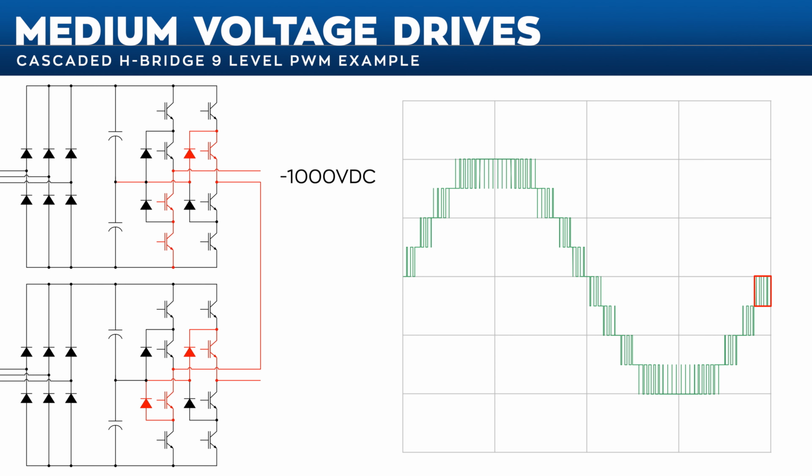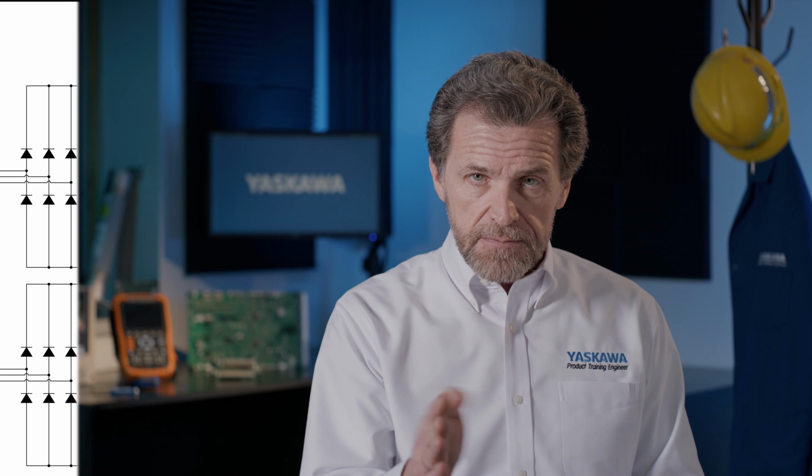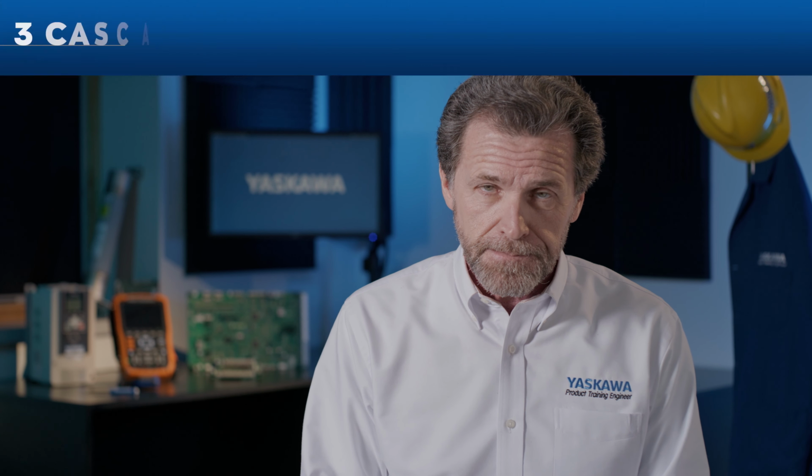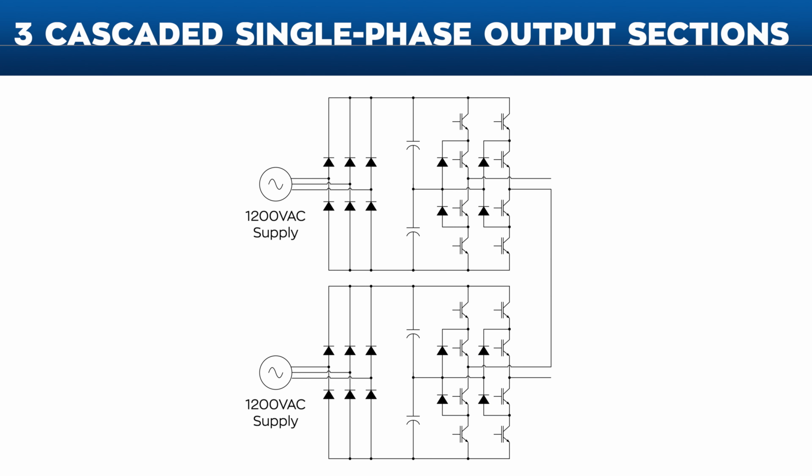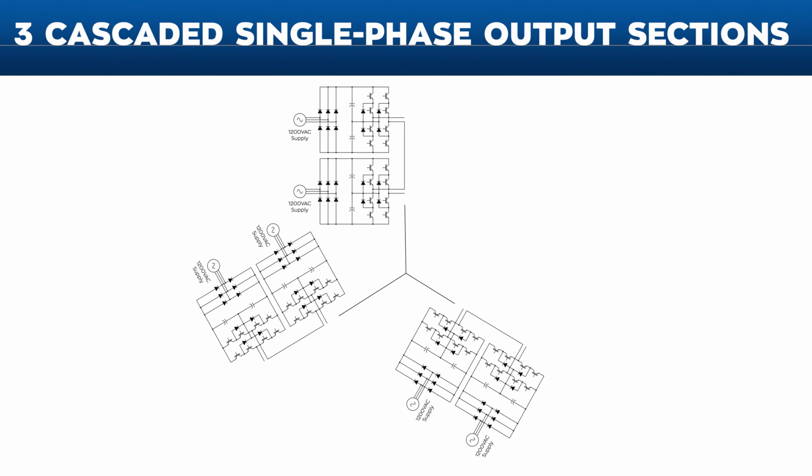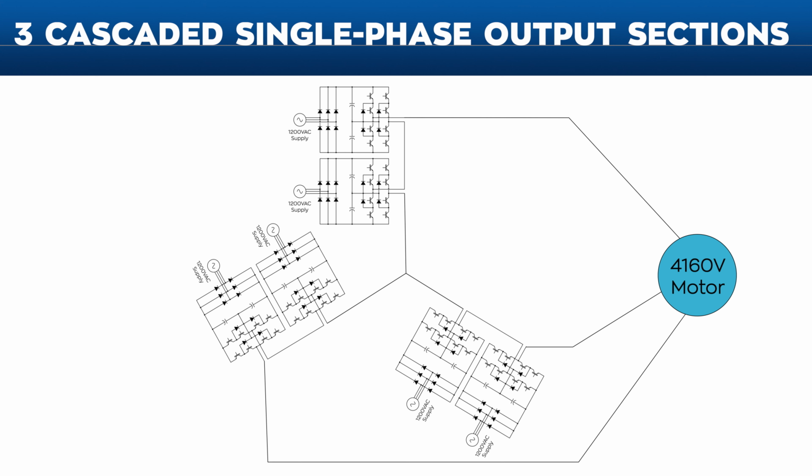Since the output of these 2 cells is single-phase, we're not quite ready to drive a 3-phase motor yet. The next step is to combine 3 sets of cascaded single-phase output sections to form a single 3-phase cascaded output section. Connecting 3 sets of 2 cells in a Y configuration, we form a cascaded multi-level 3-phase Y output.